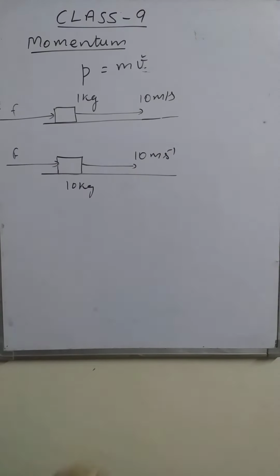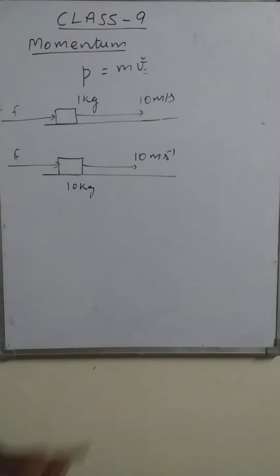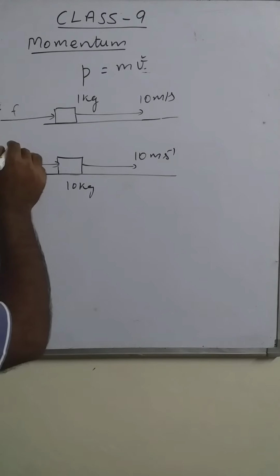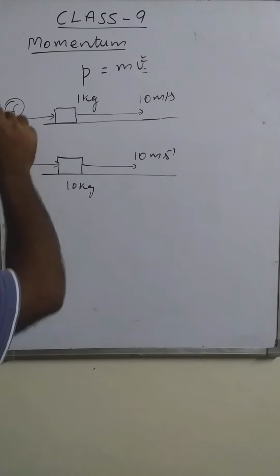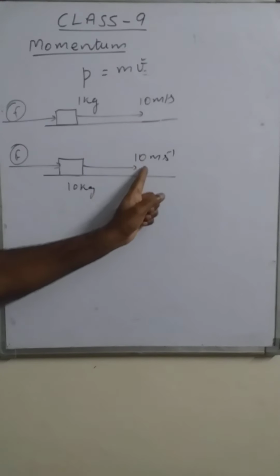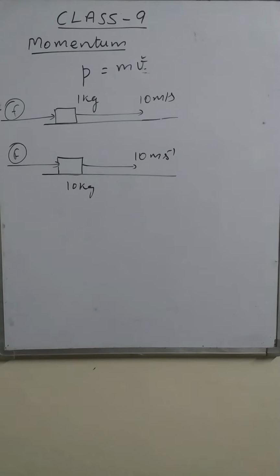So the two objects have different masses and are given the same velocity by applying some force. Here the force will definitely be different, because to produce the same velocity in different masses, the force applied must be different.